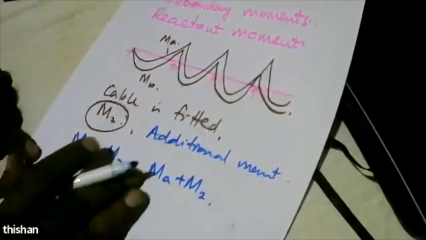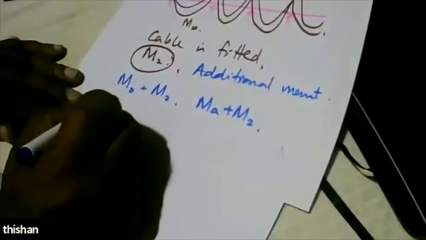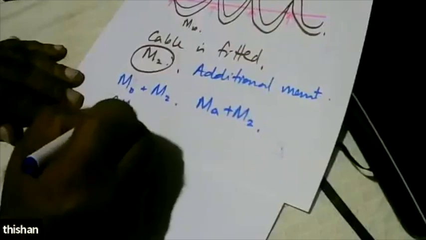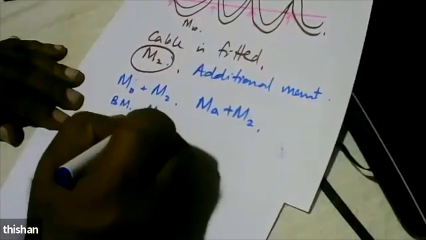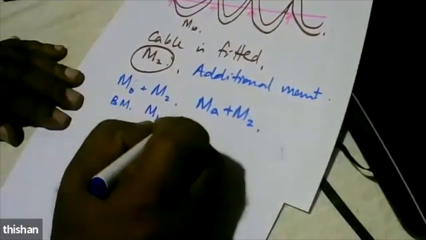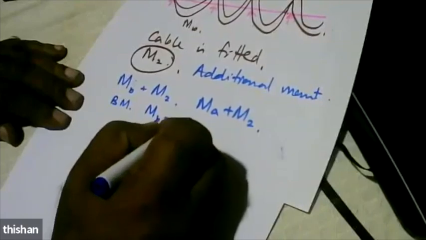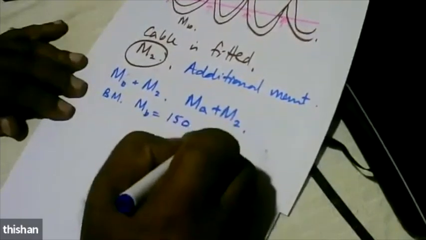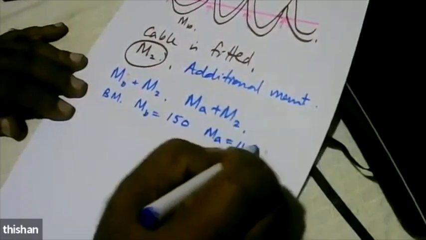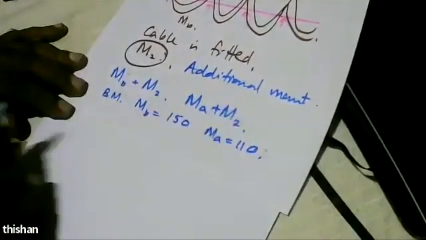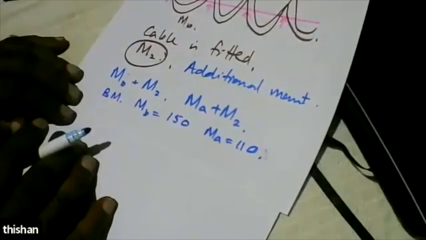So basically it's like, you start designing, saying that the bending moment MB is 150, MA is 110. And you do all your calculations, draw Magnel diagrams, very carefully find a force that works throughout the length of the beam.